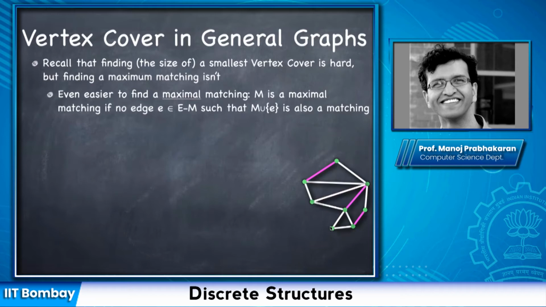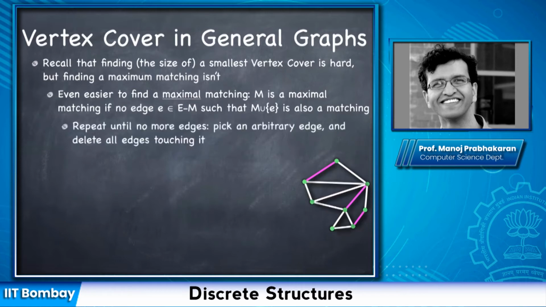Okay, and it's easy to find a maximal matching because you just keep picking edges and add them to your matching. To make sure you always maintain a matching, when you pick an edge, remove all the edges that touch it, right?